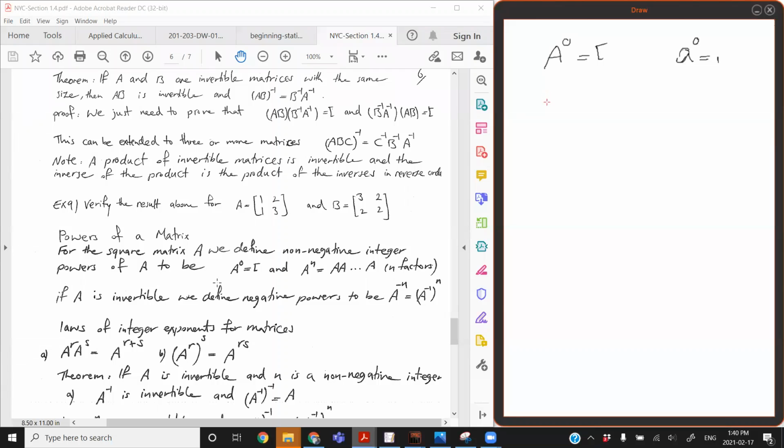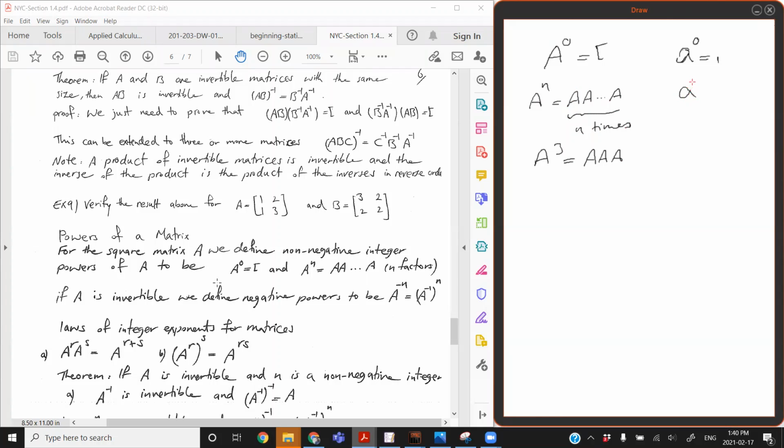And then if I have a square matrix A to the power of n, this is simply A times A, n factors, so n times. So for example, A to the power of 3 would be A times A times A. Again, this is also similar to the way you define powers for real numbers.